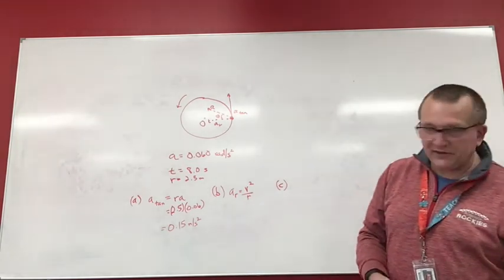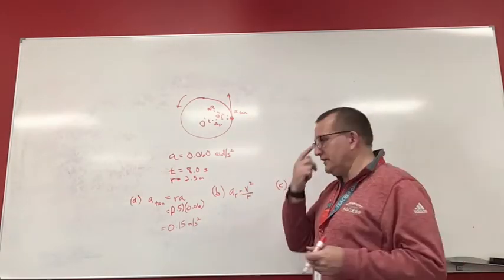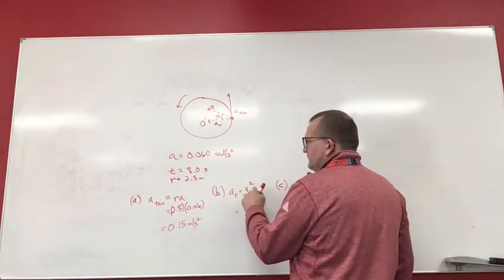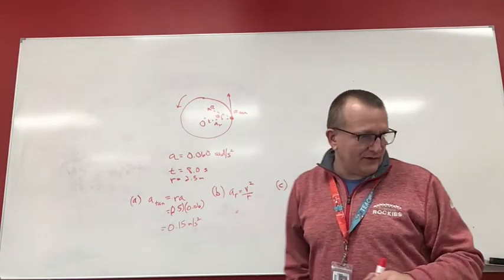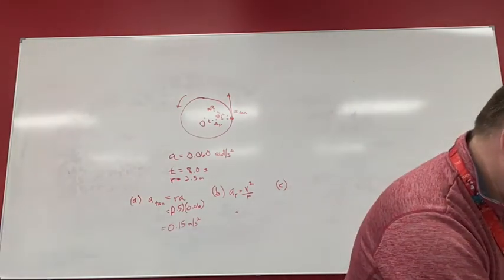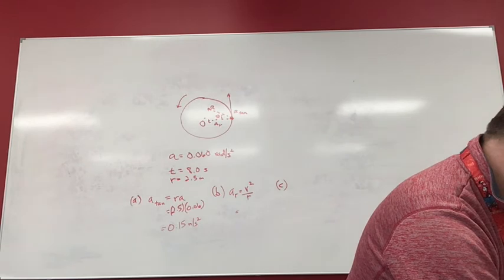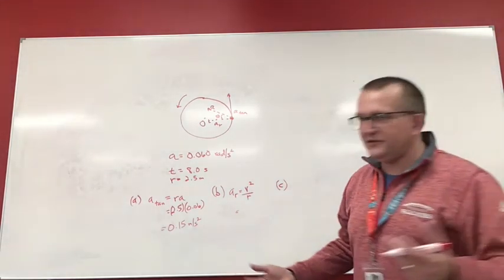Now centripetal acceleration, as you recall from uniform circular motion, is v squared over r, and we figured out v from the previous problem to be 1.2, right?